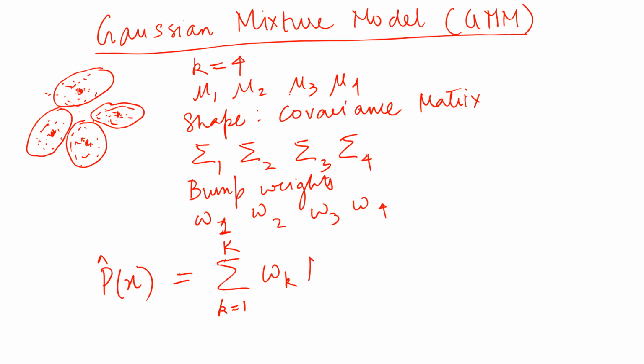And the density is given by this, which I'm going to talk about, which is a function of the point, the data itself, the center, and the covariance matrix. And this is small k. All right, so this term here is the density for a bump that depends on centers and shape, right? So this is my density.